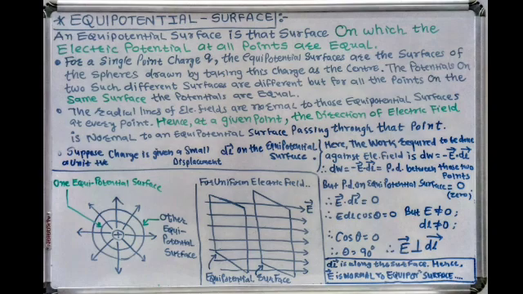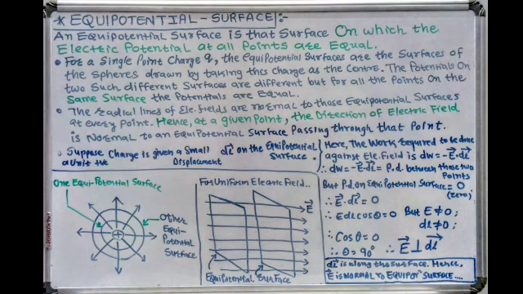But the potential difference between those 2 points on the equipotential surface is V minus V, which is 0. So E dot dl is also 0. But here the value of E is not 0, and the displacement is also not 0. So E dl cos theta is 0. That means cos theta is 0, because E is not 0 and dl is not 0.